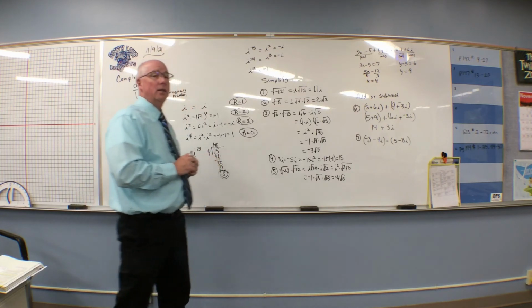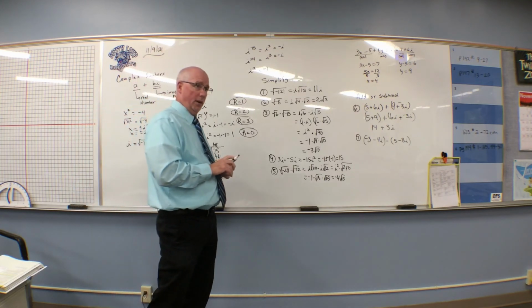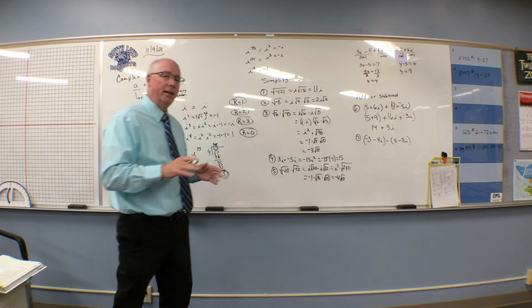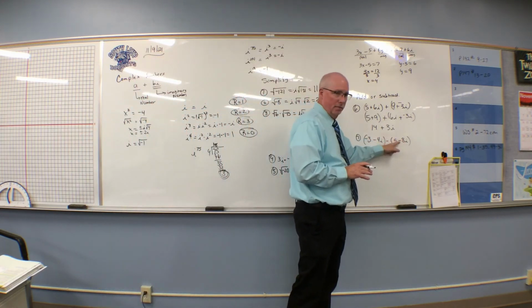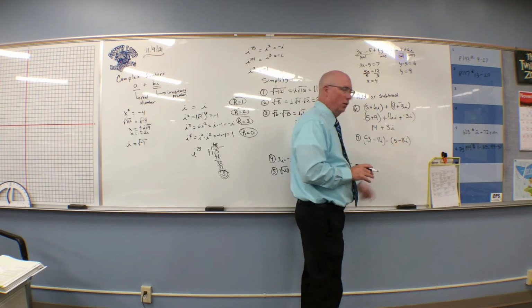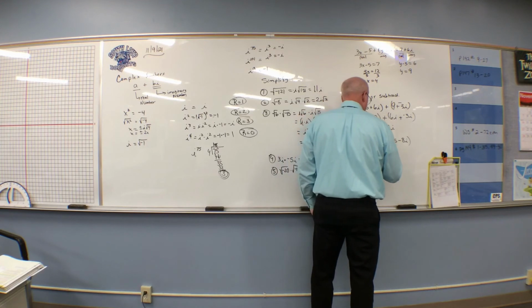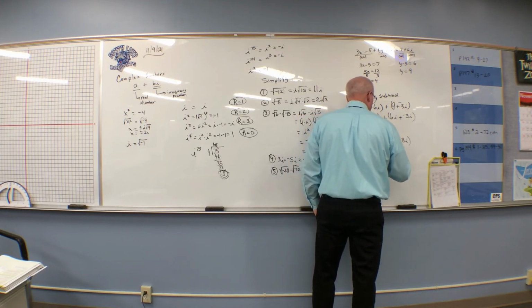Now the way I do this is I change all subtraction to addition right off the bat, and then I distribute a -1 into the second one, because you're going to subtract both these numbers. You can't just subtract the first one, you have to subtract both. So I take a -3 plus a -4i plus a -1.